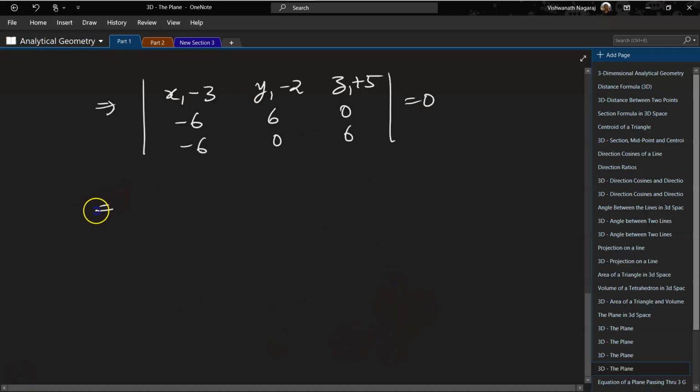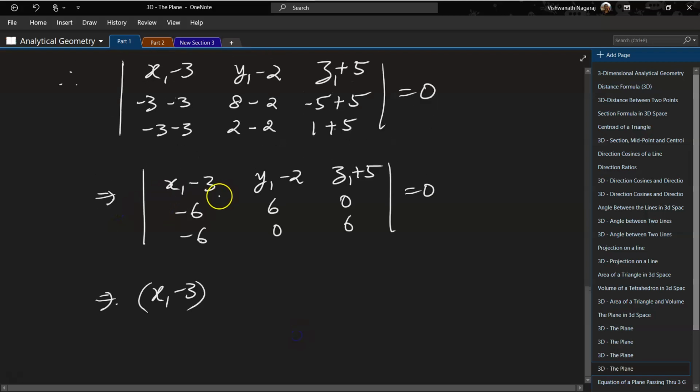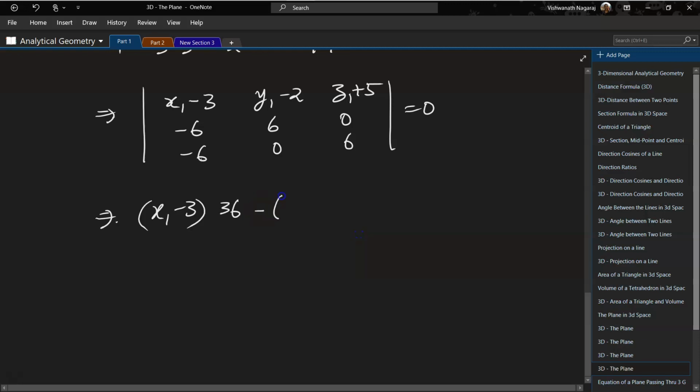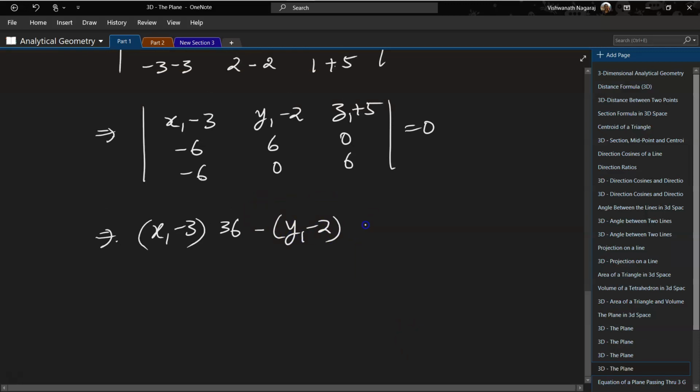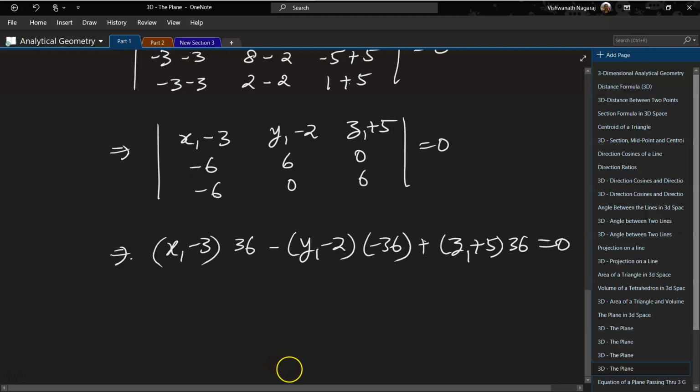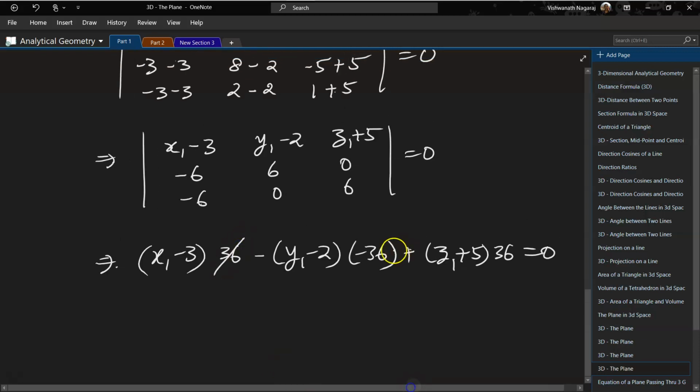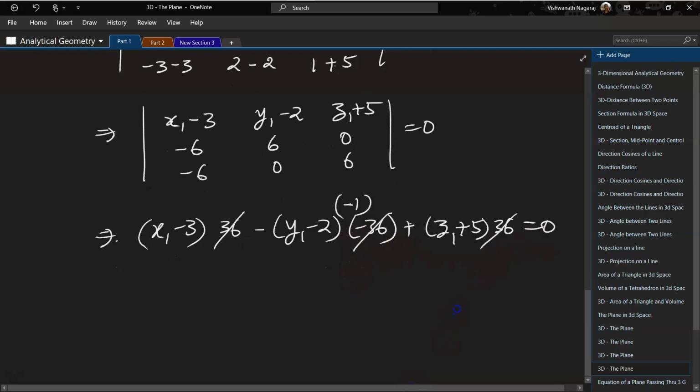Now let's evaluate it. We get (x1 minus 3) times 36 minus (y1 minus 2) times minus 36, plus (z1 plus 5) times 36 equal to 0. Now 36 we take out common and take it to the other side, it gets cancelled. But here we are left with minus 1.